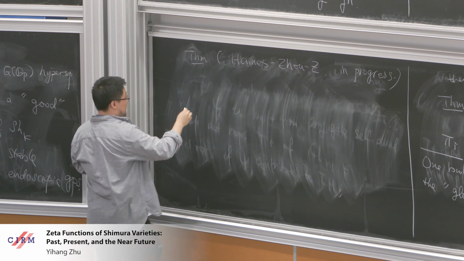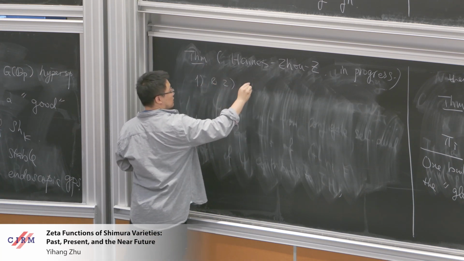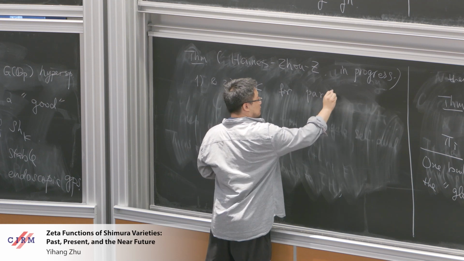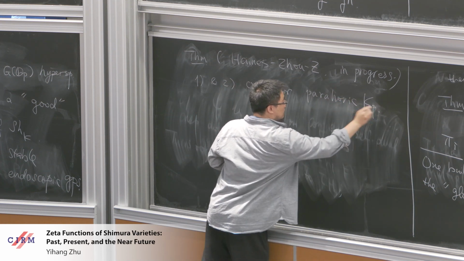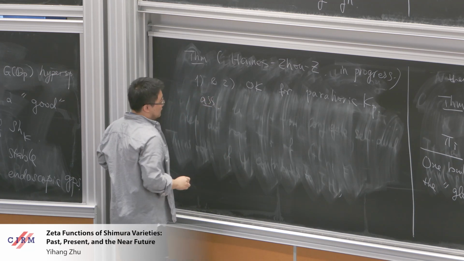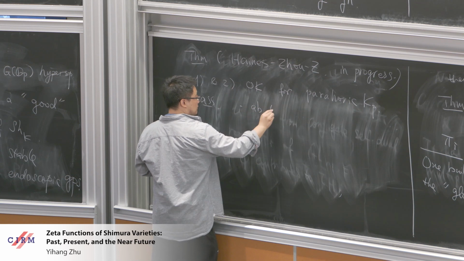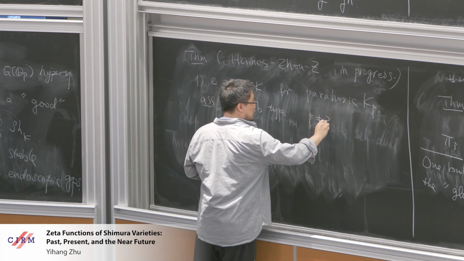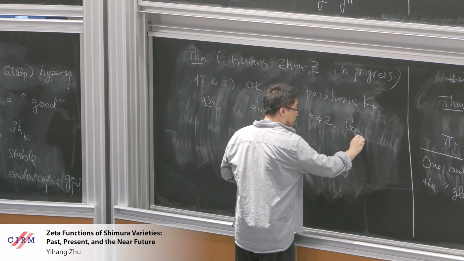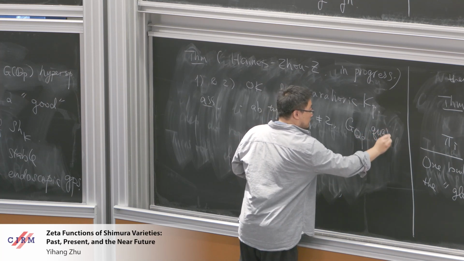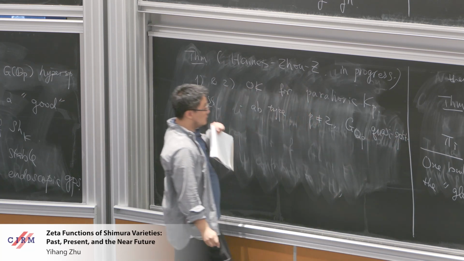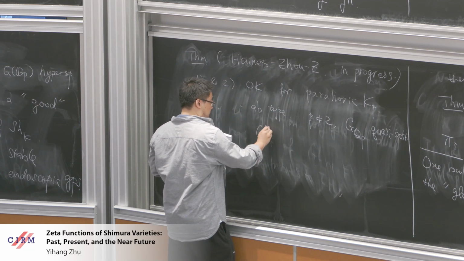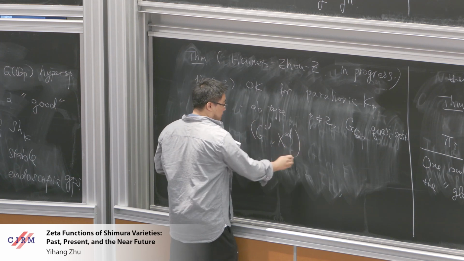So we check that steps 1 and 2 are okay for parahoric K_p, under the assumptions that you need abelian type, you need p is not 2, and G should be quasi-split over Q_p, and the adjoint Shimura datum should have no factor of type D^H.